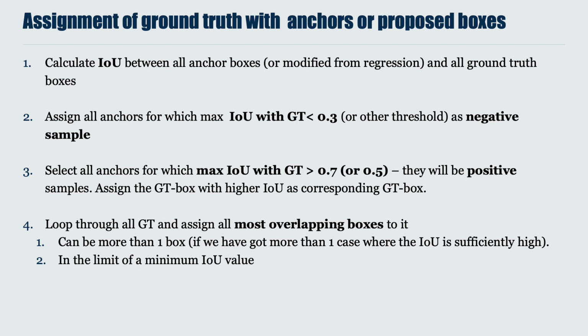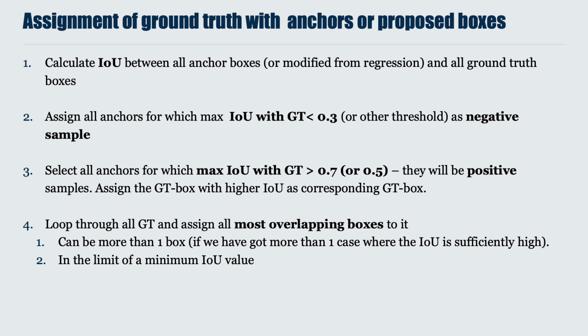All the anchors that have a maximum IOU with a ground truth that is more than a certain threshold, that can be again modified, you can propose 0.7 or 0.5, it depends, as positive samples, and you assign them to the ground truth box that has the higher IOU.